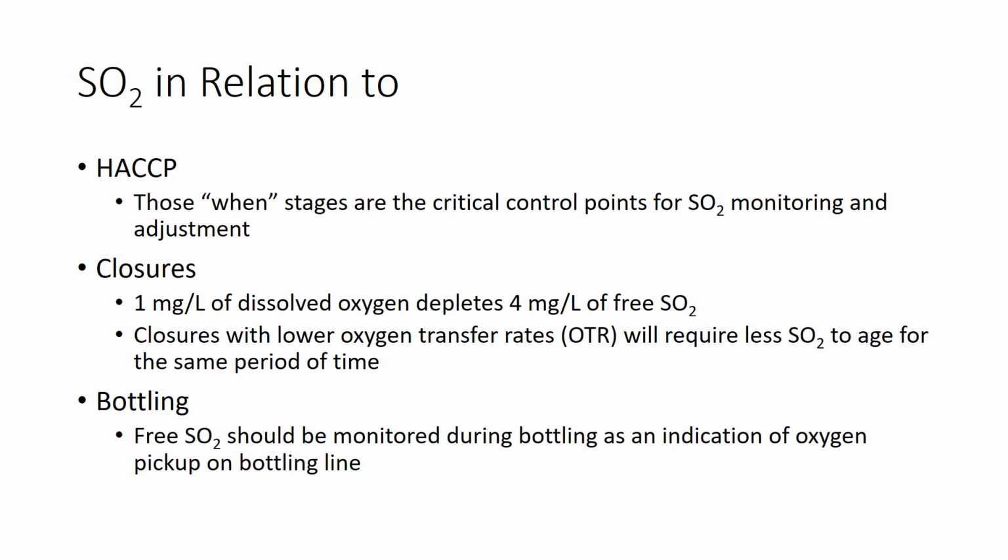A lab manager or a lab technician, or a quality control manager, if they saw the oxygen level go down during the bottling process, that's a flag to go in and stop the line. Because you don't want to get to the end of that run and have no free sulfur dioxide in your wine, and you have wine that's not ready to go to market and has to be destroyed or unbottled.